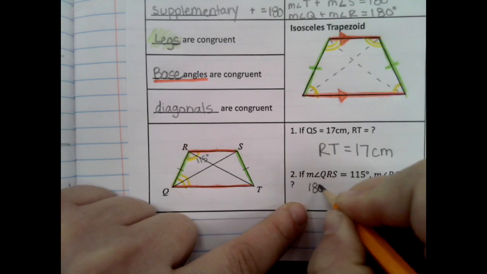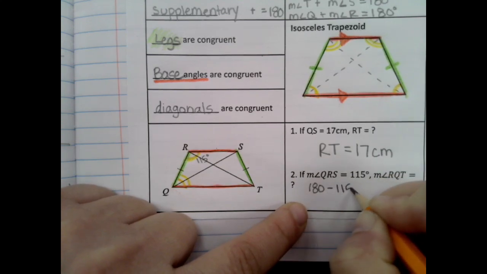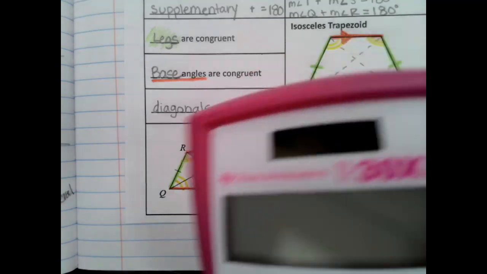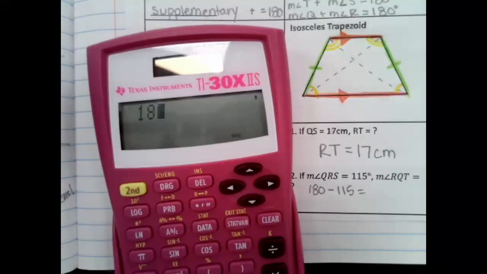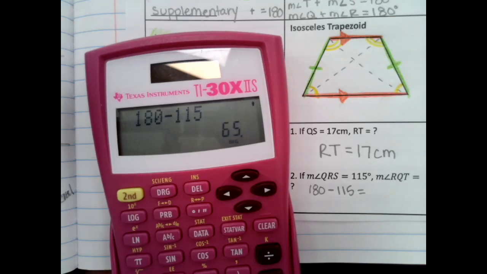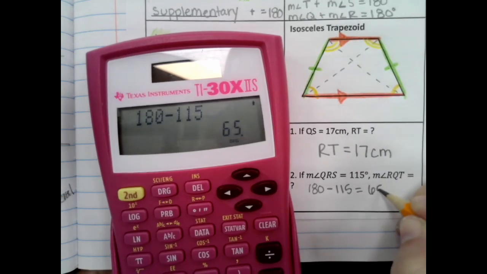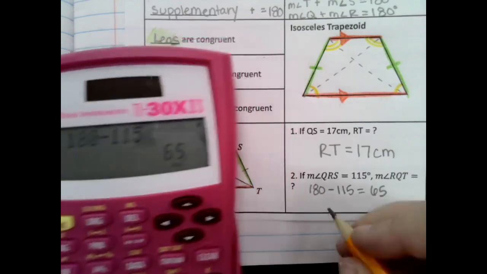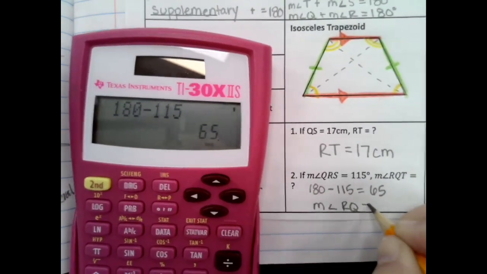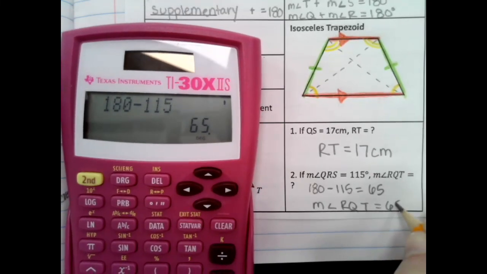Good, subtract from 180. So 180 minus 115 gives us 65. So the measure of angle RQT is 65 degrees.